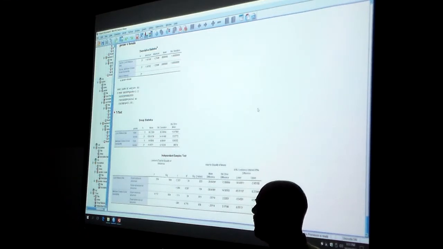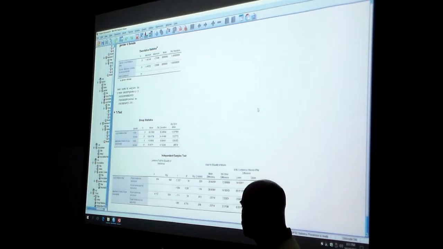Is that small? What's going on with my confidence interval there? It's massive, right? But I've got 24 degrees of freedom. I don't have a whole lot of people in there, and so this is going to be a pretty big difference here.